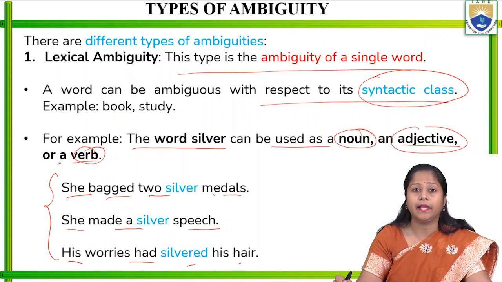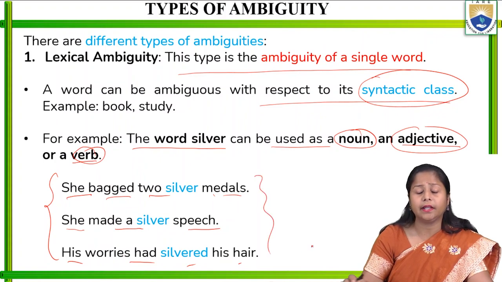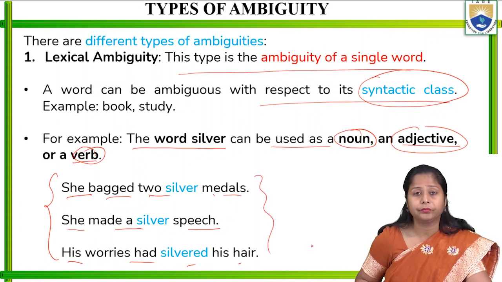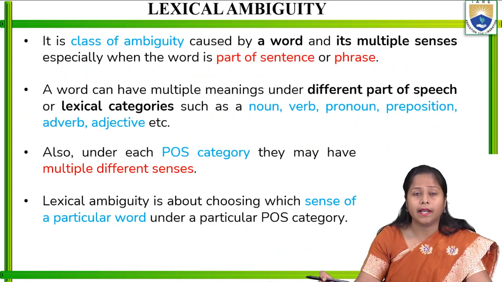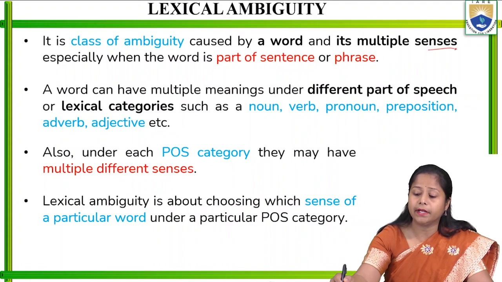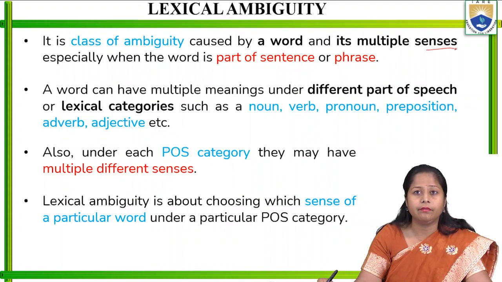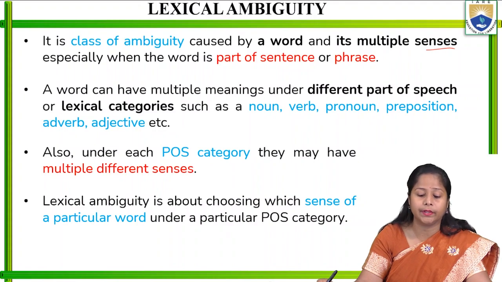That will be the right analysis for doing this. So it is a class of ambiguity particularly caused by a word's multiple senses, especially when the word is a part of a sentence, that is a phrase. In that case, that will be the class of ambiguity.